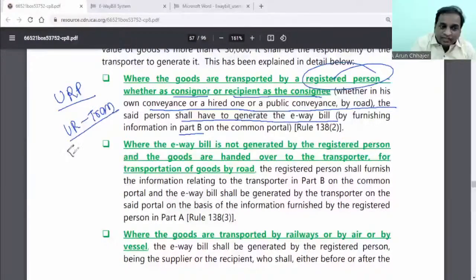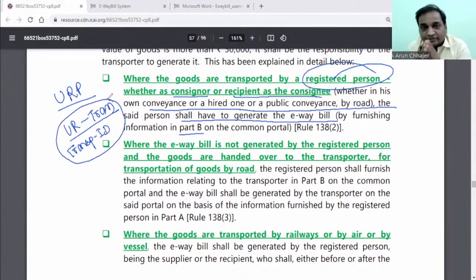There's a concept of transporter ID, trans ID, for unregistered transporters. Sir, why do they need to take the transporter ID? So that they can also generate the e-way bill.